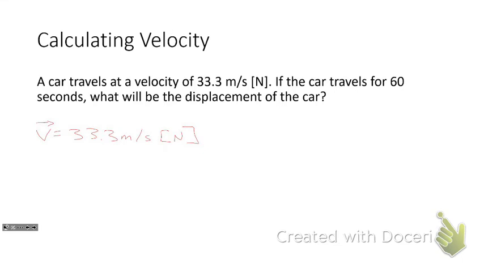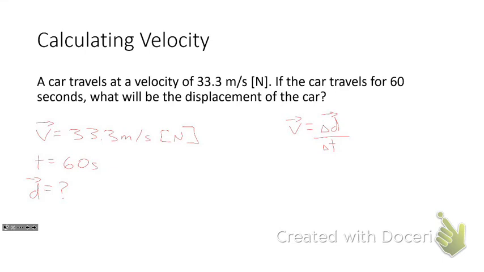Okay, if the car travels for 60 seconds, so t is equal to 60 seconds, what will be the displacement of the car? Well, we know that velocity is equal to displacement over time.